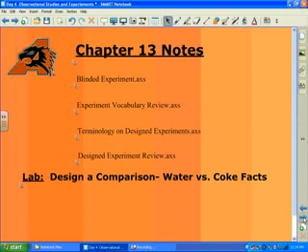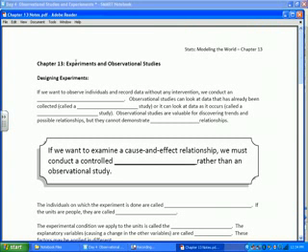All right. Next, let's do our Chapter 13 notes. It has a lot of vocabulary in there, which we're going to be able to fill in now since we've all discussed it.